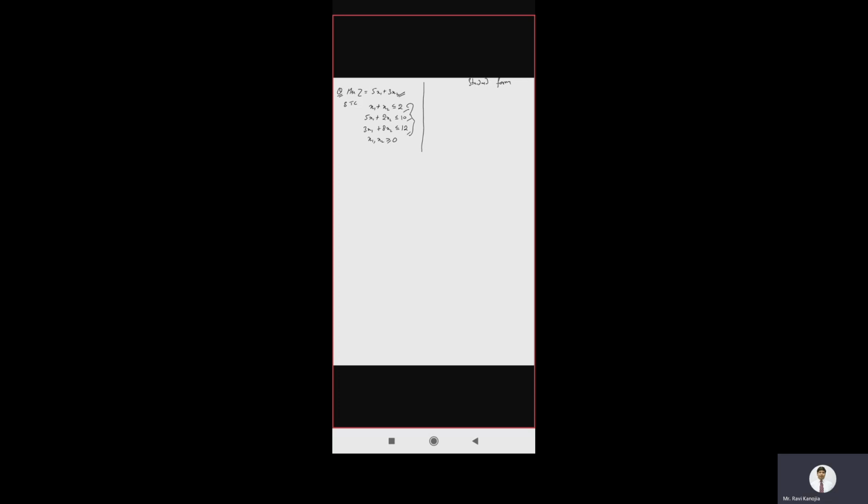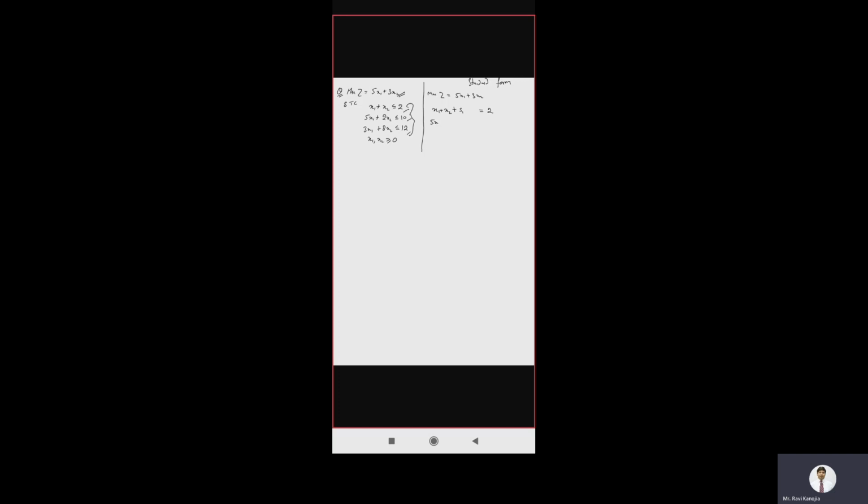Z equal to 5x1 plus 3x2. This is the original one. Now we need to change the constraint equations. Since the first was less than or equal to, we'll add a slack variable s1 over here. This is equation 4.